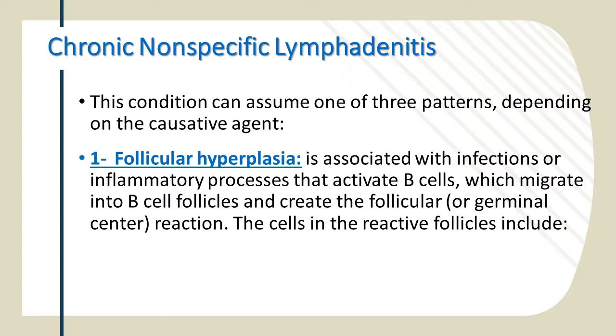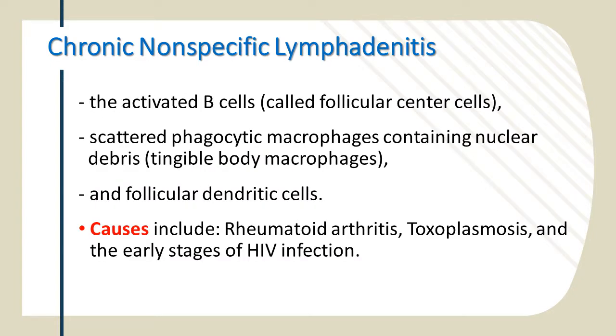The cells in the reactive follicles include the activated B cells, called follicular center cells, the scattered phagocytic macrophages containing nuclear debris, which are the tingible body macrophages, as well as follicular dendritic cells.